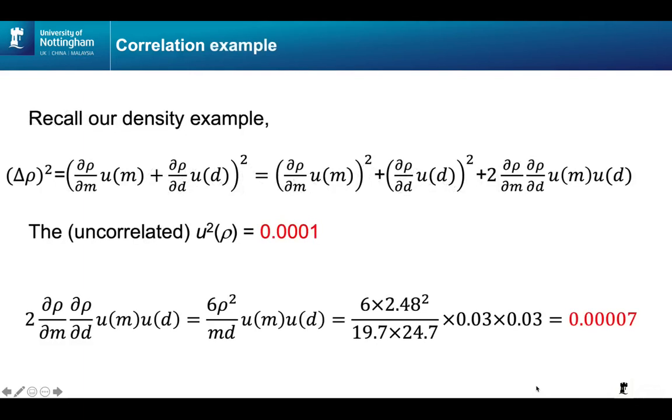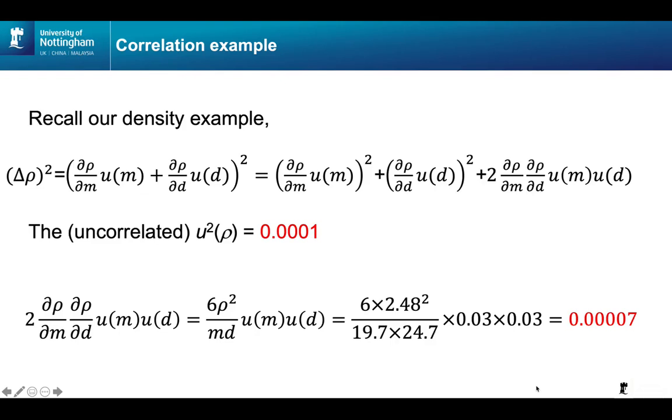So let's go back to our example and plug some numbers in, even though it's a silly example because they're not correlated, but pretend they were. If we look at our model equation, including the cross terms, the correlation terms, the uncorrelated value of u squared is 0.0001.